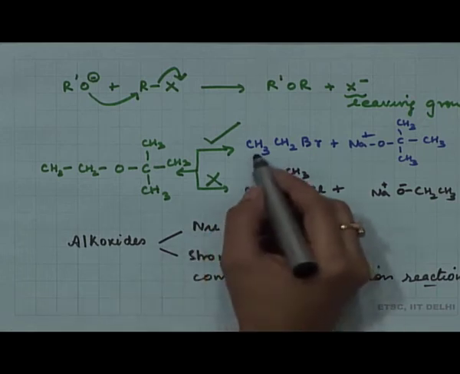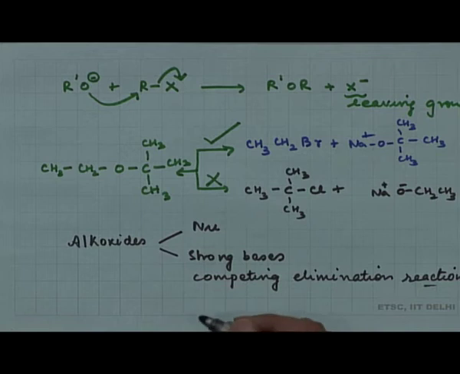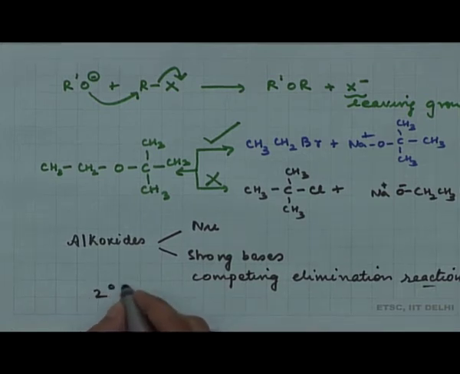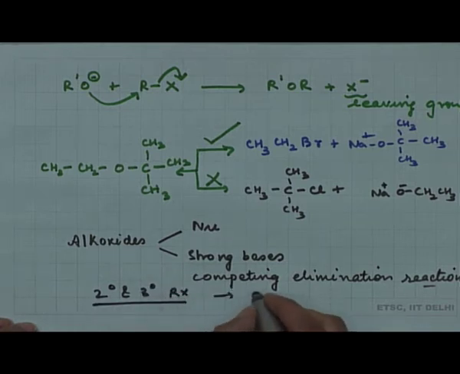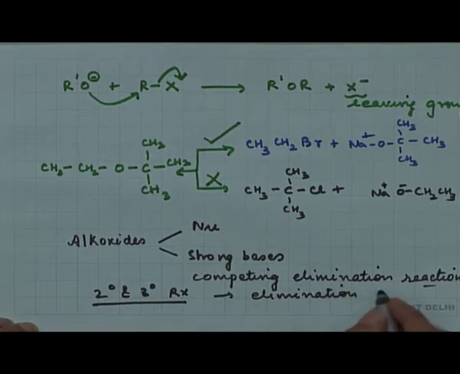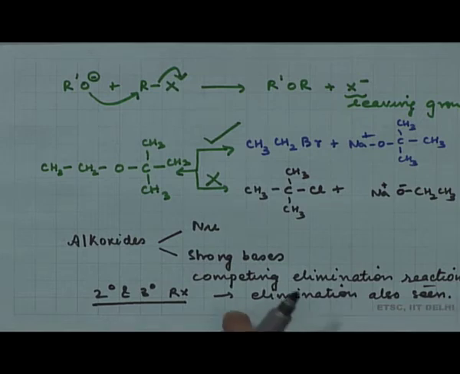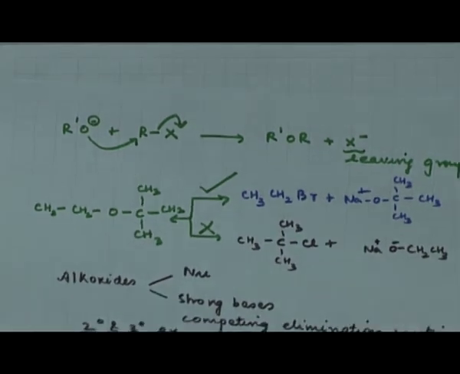If it is a 1 degree alkyl halide, elimination is very minimal or not there, but if you have 2 degree and 3 degree alkyl halides, the elimination product will also be seen along with the substitution product, which is the ether. That is why, preferably in Williamson synthesis, when we are doing an SN2 substitution, it is the 1 degree alkyl halides with which the procedure is most successful.